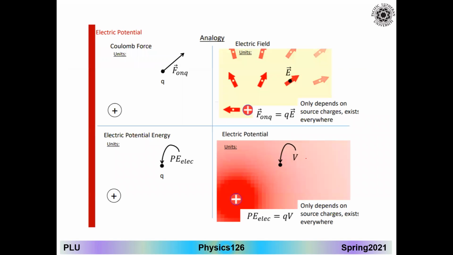To make this clear, here is the connection between chapter 20 and chapter 21. Chapter 20 starts from the force, the Coulomb force, and the unit is Newton. From the force, we move to the electrical field concept. We mentioned it depends on the source charge.